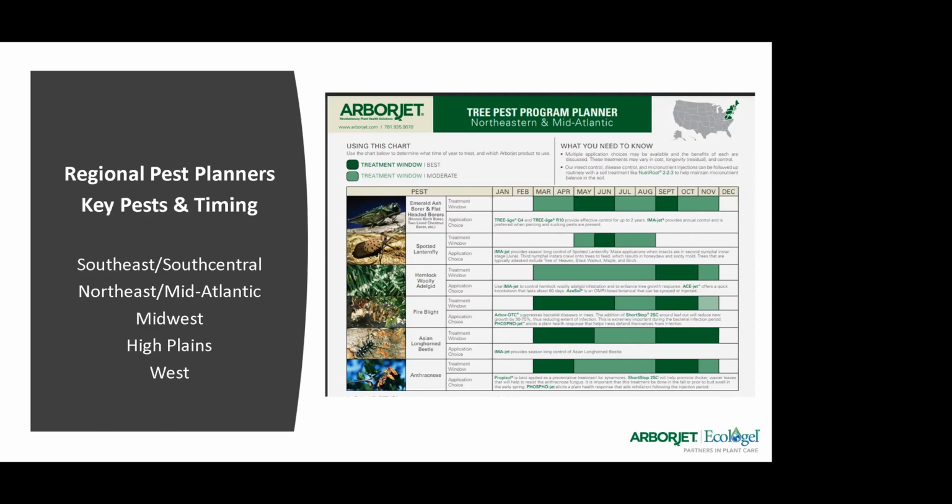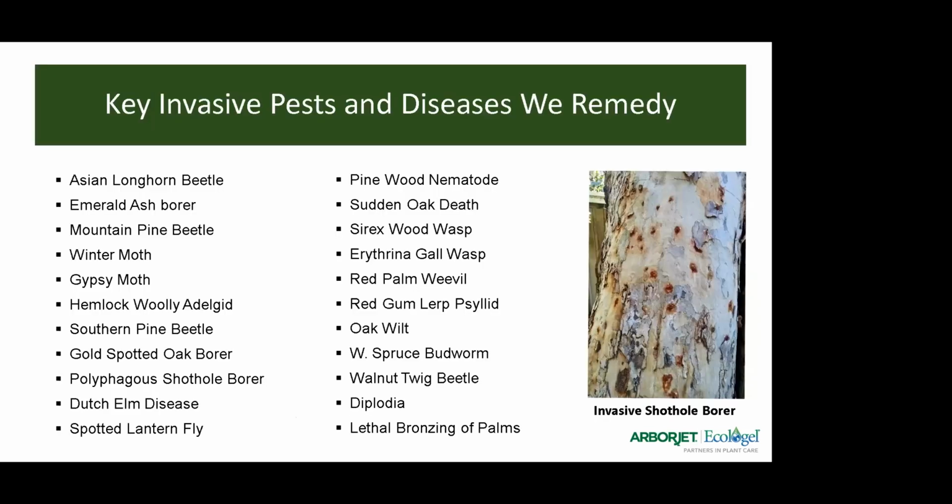You can also download these off of the internet at arborjet.com to get the information you need there as well. Again, this is to help you with some of the key pests in your marketplace beyond what we'll talk about tomorrow. These are some of the things that we work on and that we run into all across the country. You can take a quick look at these and see if you recognize some from your marketplace.